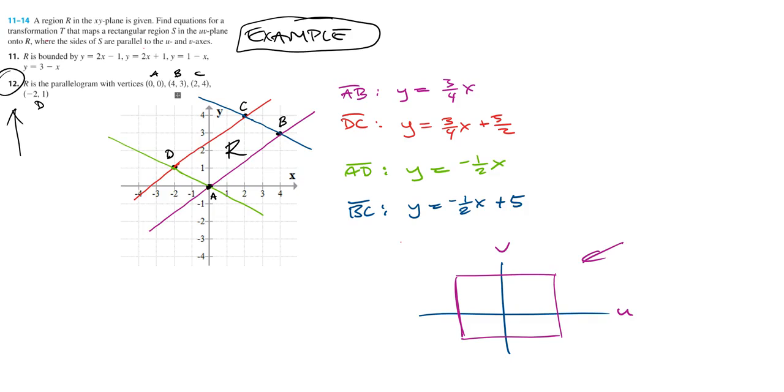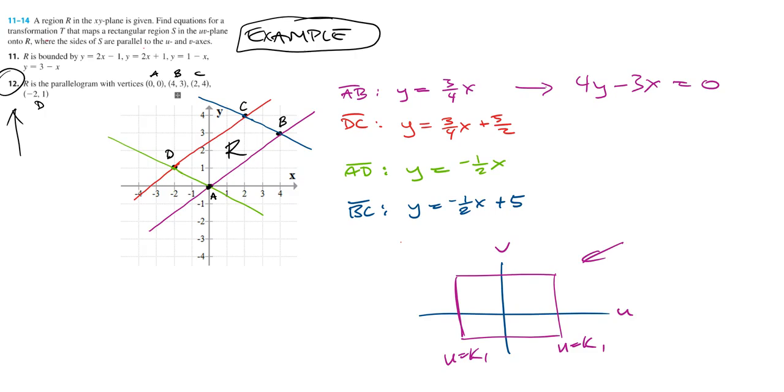With that said, if the lines are parallel to the axes, then U and V are going to be constants, and I can convert these lines so that they're equal to a constant. For example, y equals 3/4 x: I can multiply through by 4 and then move the 3x over. So that would be 4y minus 3x equals 0.